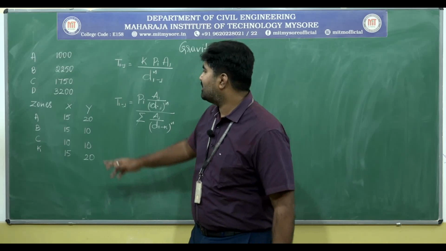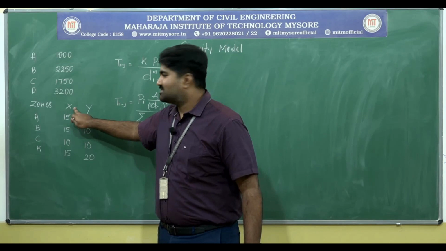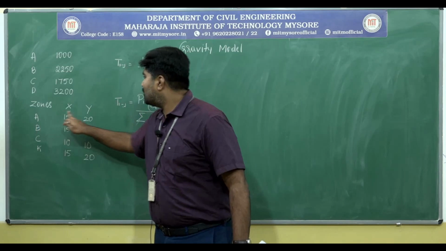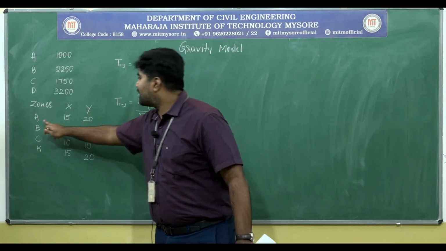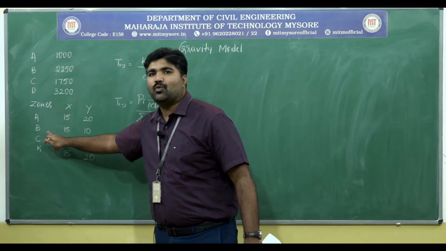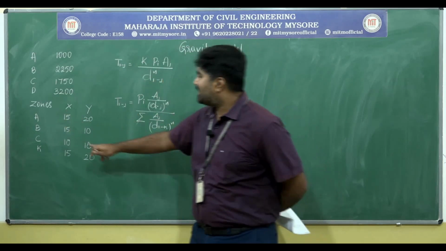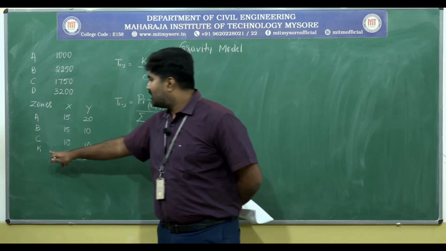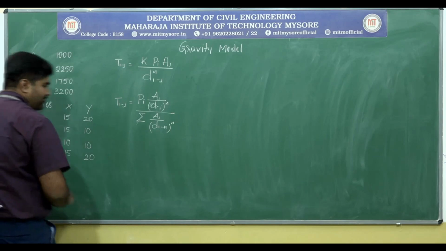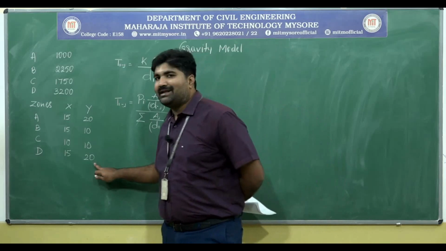Next, from zone A, the time taken to travel to industrial estate X is 15 minutes, and from A to Y it is 20 minutes. Similarly, B to X is 15 and B to Y is 10 minutes. For C to X and C to Y it is 10 minutes for both. Lastly, from D to X it is 15 minutes and D to Y it is 20 minutes.